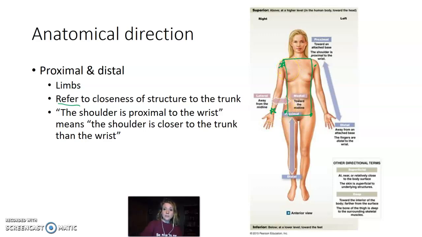And so that's how you use proximal and distal. We could do the same thing with the knee and the ankle. For instance, the knee is closer to the trunk than the ankle, so we would say the knee is proximal to the ankle, and the ankle is distal to the knee.